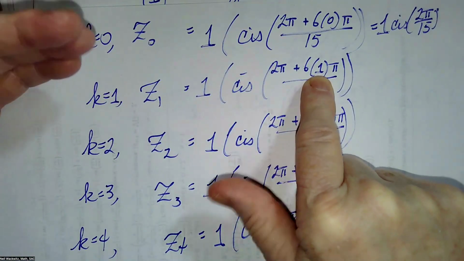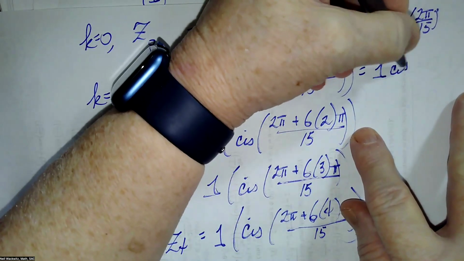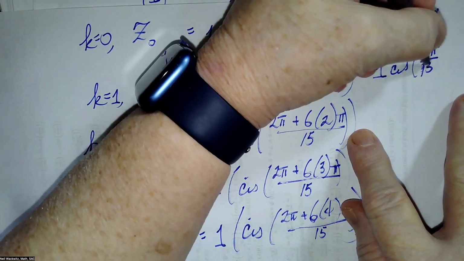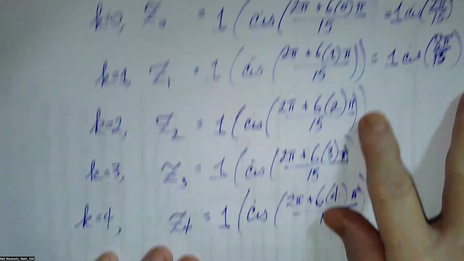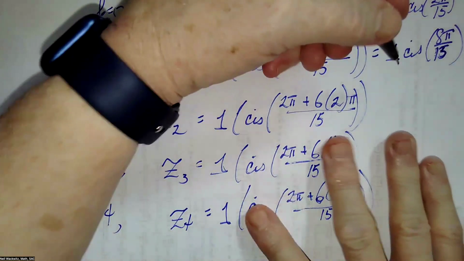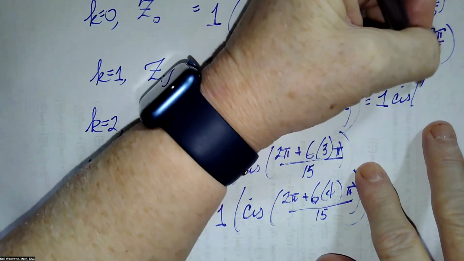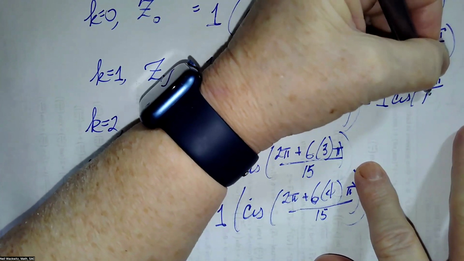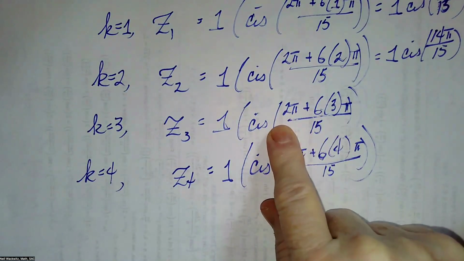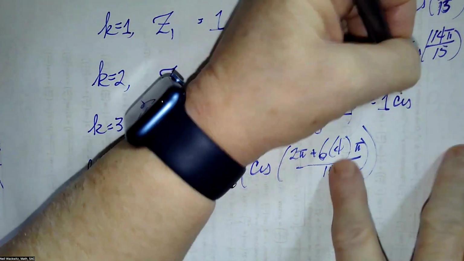Six times 1 is 6, plus 2 is 8. 6 times 2 is 12, plus 2 is 14. Six times 3 is 18, plus 2 is 20.